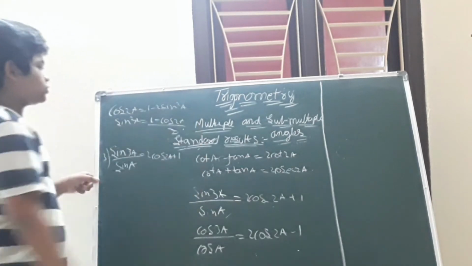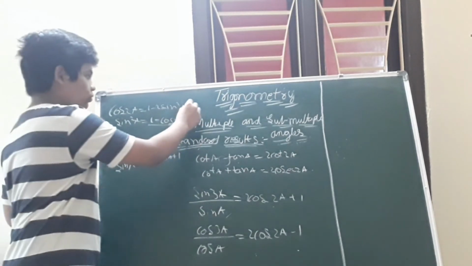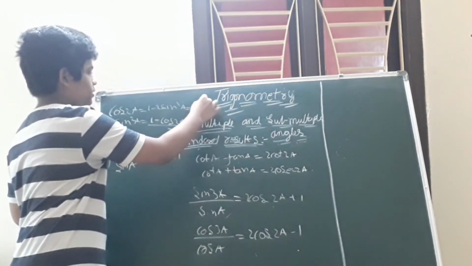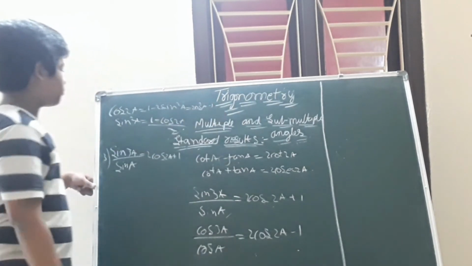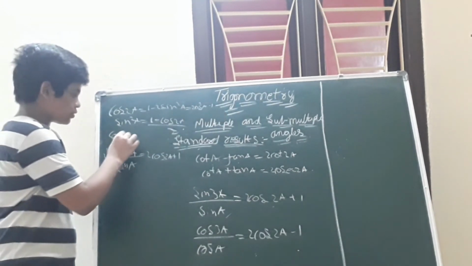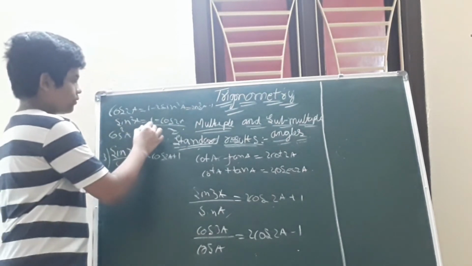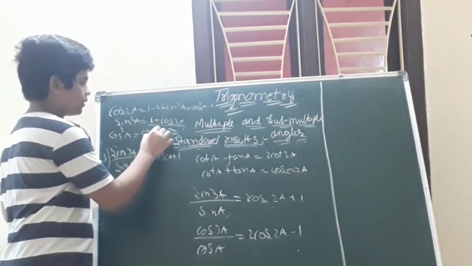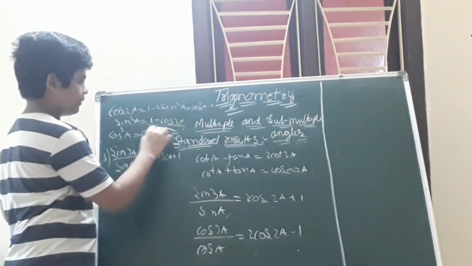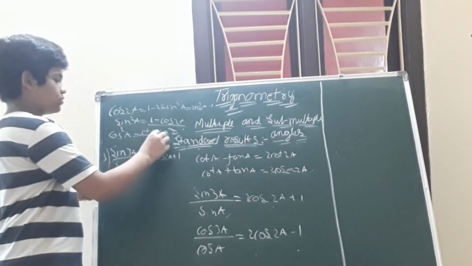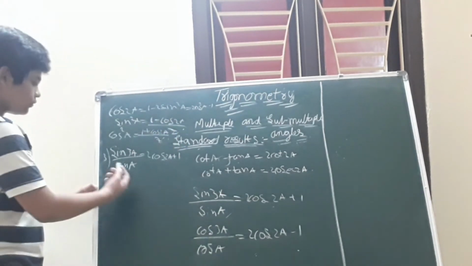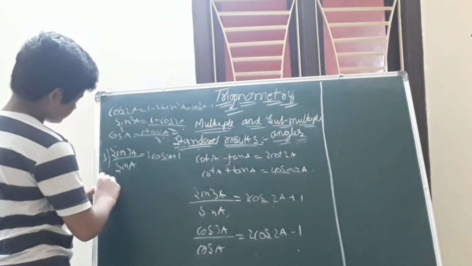And we know that cos 2A is also equals to 2 cos square A minus 1. So from this, cos square A becomes 1 plus cos 2A by 2. So now let us get into the problem.